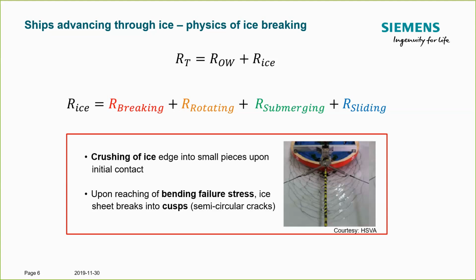So if we look at the breaking, then we can see that the crushing of the ice edge into small pieces upon the initial contact has a characteristic shape of these cusps that you see here. And this can be explained by failure mechanics, basically. So upon reaching the bending failure stress, the ice sheet breaks up into these symmetrical cracks.